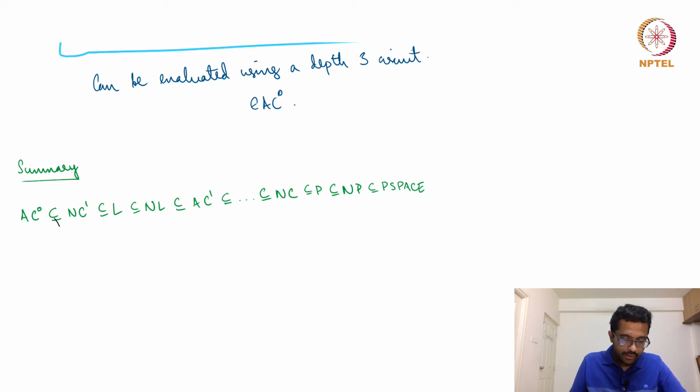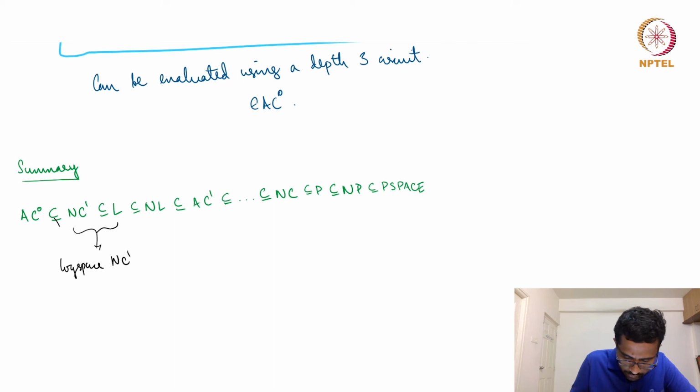And NC1 is actually contained in log space. This is when I am assuming that all these classes, where applicable, are log space uniform.